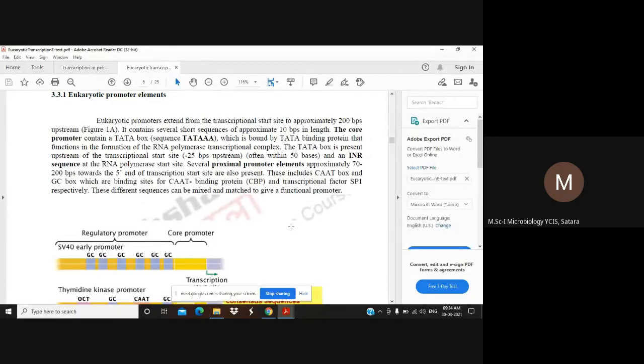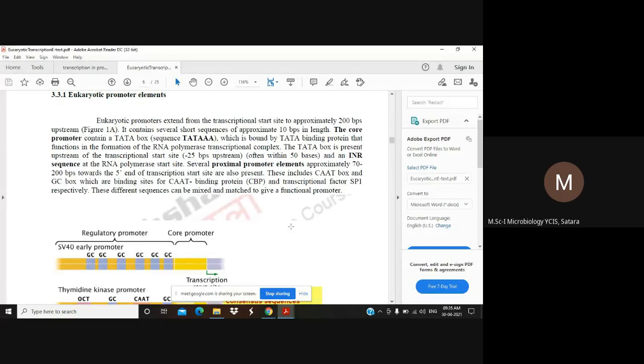So there is very much difference between the prokaryotic and eukaryotic promoter. TATA box जो आहे तो कुठे आहे? It is about -25 base pair upstream of the transcriptional start site. Upstream म्हणजे काय? Whether it is on the left side or right side. लेफ्ट साइड.